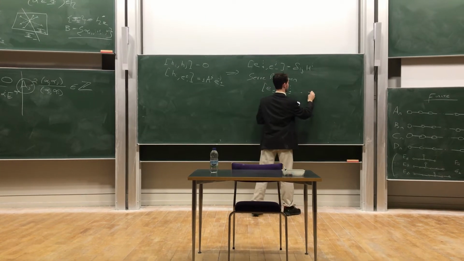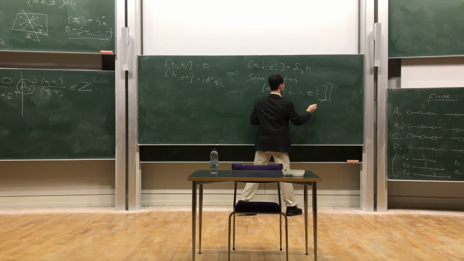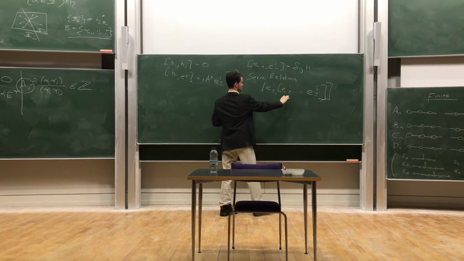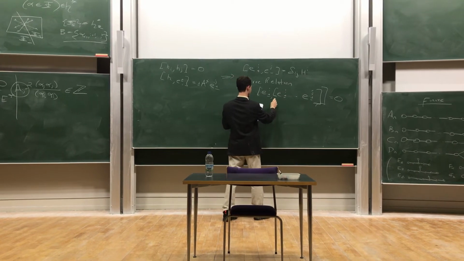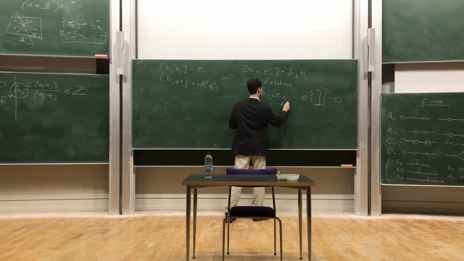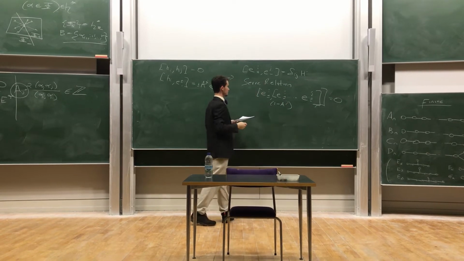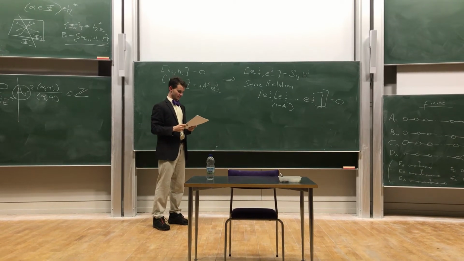A whole bunch of these, and then some potentially different one. And the number of these composed ad maps that is required for this to be zero is just 1 minus the Cartan matrix element for those two step generators. And again, this is called the Serre relation.